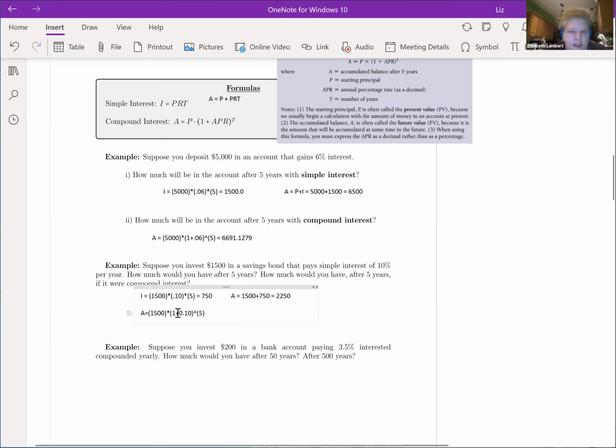Well, that's irritating. Okay, apparently we need a space. So this is 2415.77.